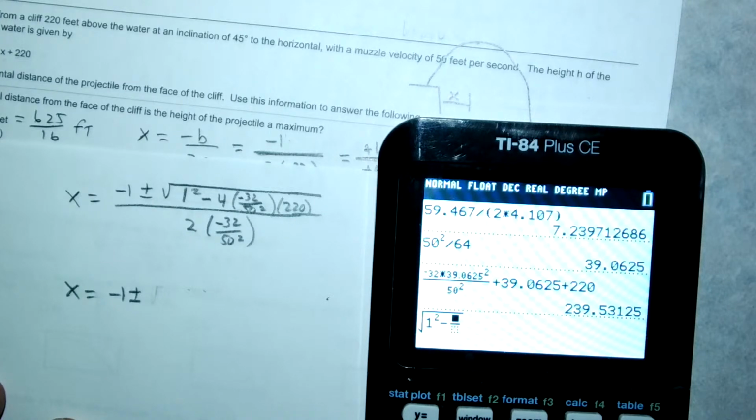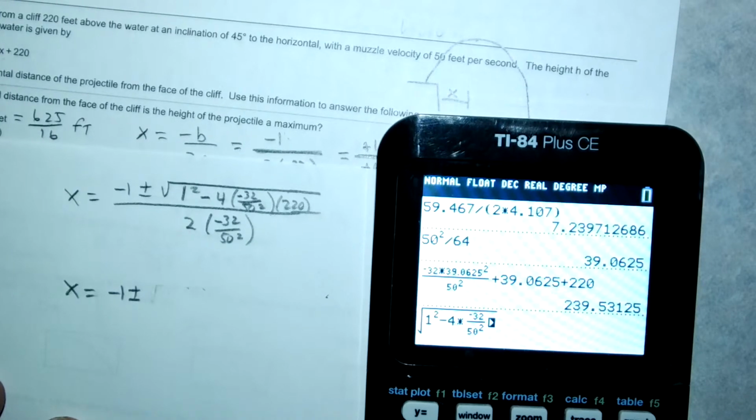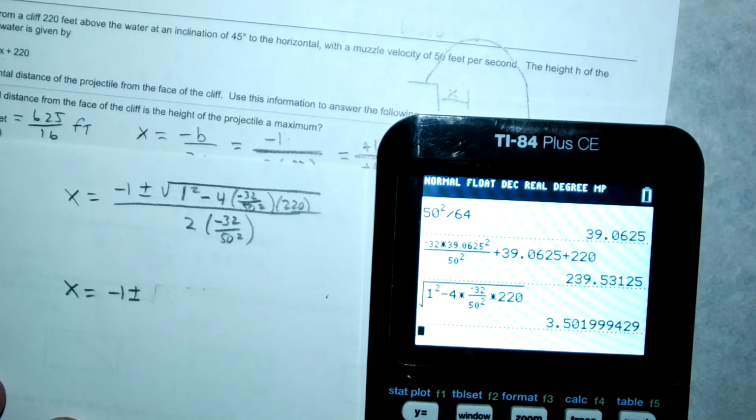I'm going to have to delete that. I should have done 4 times, and then hit alpha y equals and get my fraction, and then it's going to be a negative 32 in the numerator and a 50 squared in the denominator, and then I'm going to go times 220, and that answer is about 3.5.